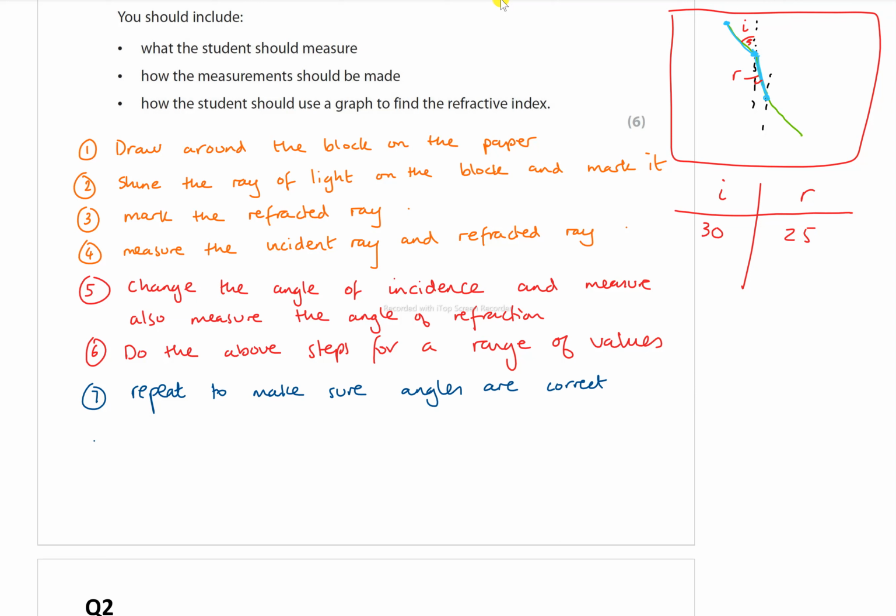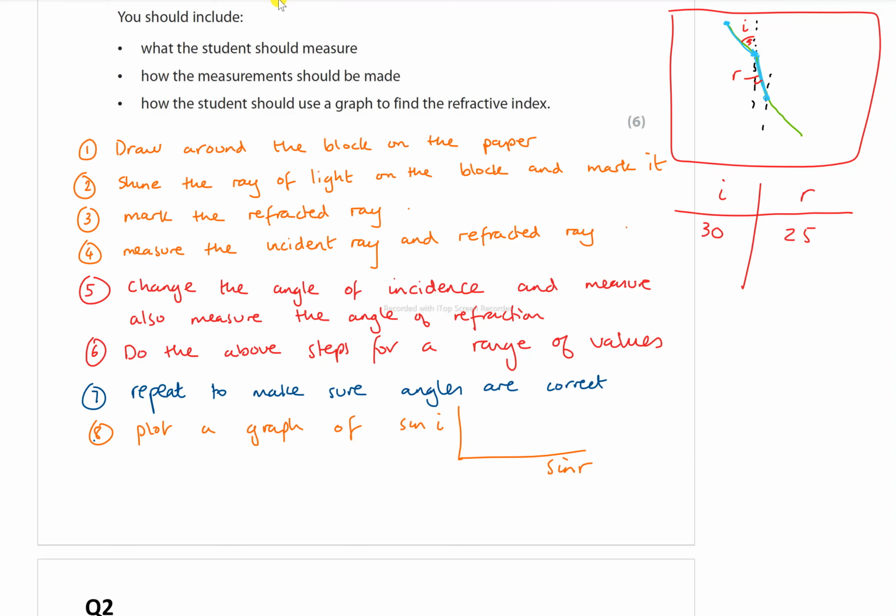Right, then what you do is you plot a graph of sine I over sine R, and you'll get a gradient. Bear with me one second. Okay, yeah, we'll just leave it at that.